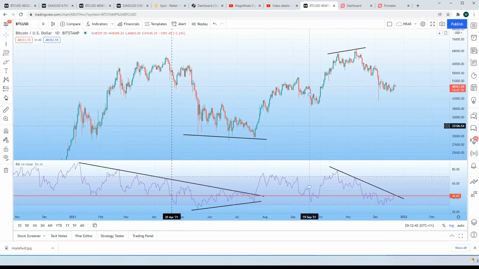So the RSI can be used not only to understand market direction and obviously act as a momentum indicator and do all the things we talked about previously in the video, but it can also be used to identify long-standing support and resistance lines, which you cannot actually find on the price action, or which is not shown on the price action.